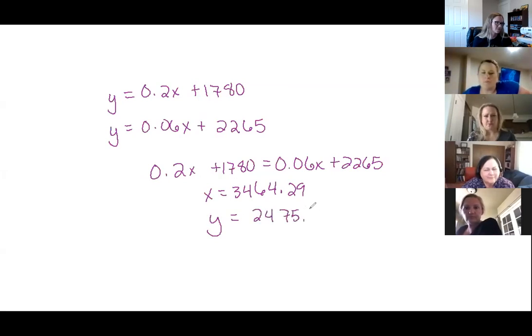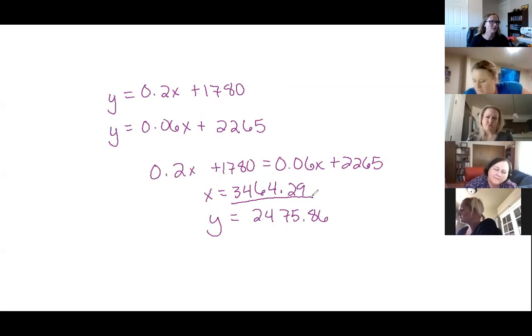And so what this tells us is that if he is selling this much, if this is the amount of his sales, then he will make the same amount of money on either plan. And that amount of money that he would make in the month is our y value right there, the 2,475. And so that's what these numbers are telling us.